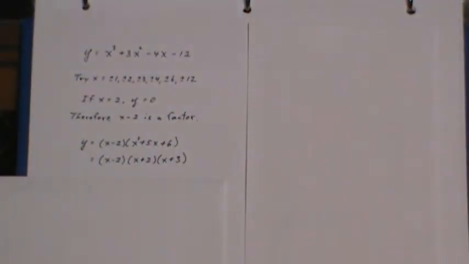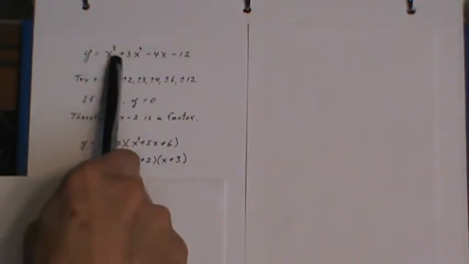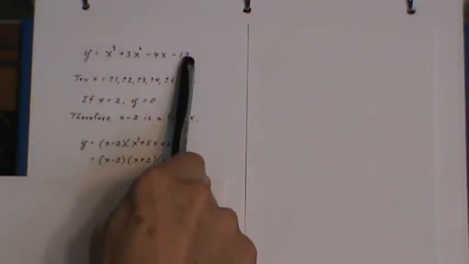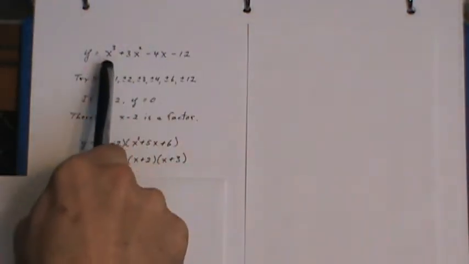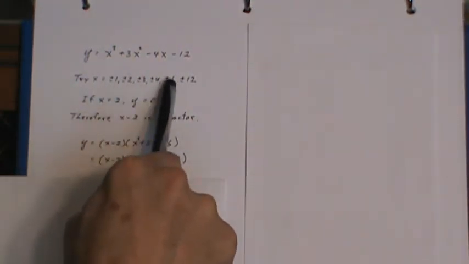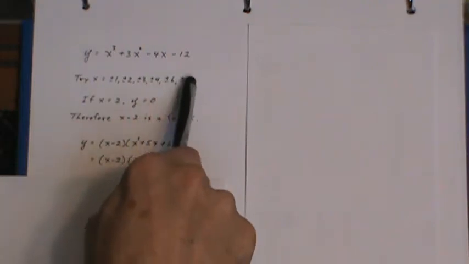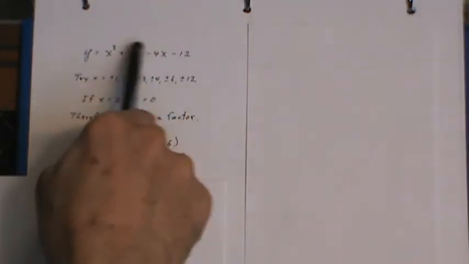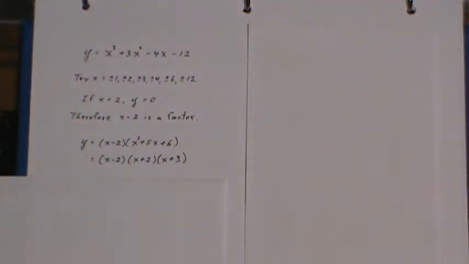Now, finally, if you're given a function in this form, we have to use what's called the factor theorem. You take all the factors of 12. I've got them listed here. 1, 2, 3, 4, sorry, 1, 2, 3, 4, 6, and 12. And you have to check to see which of these numbers makes y equal to 0.